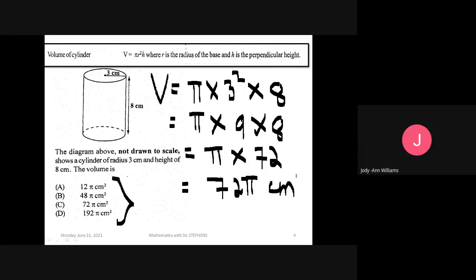Is it 2 or 3? It's cube, not true? You notice all of these are squares, so these are incorrect. All of these should have been cubes. It's probably a typo still. So the answer there would have been C.